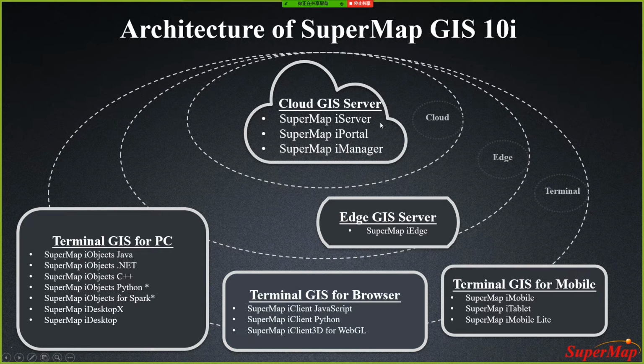SuperMap iServer is the GIS server software, and SuperMap iPortal is the portal of the GIS. For the terminal GIS for PC, it has the series of SuperMap Objects software and SuperMap iDesktop software. And the terminal GIS for browser is a series of software called SuperMap iClient.